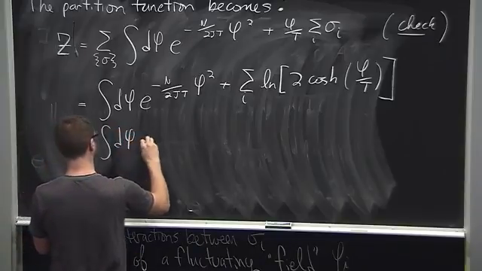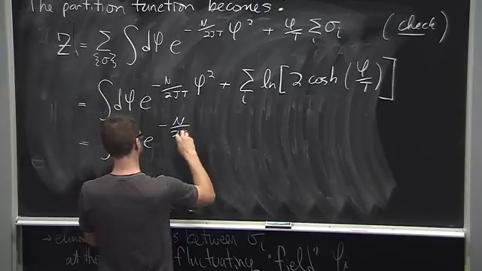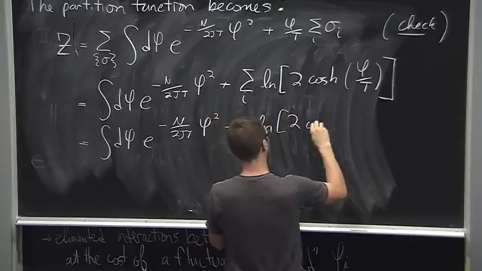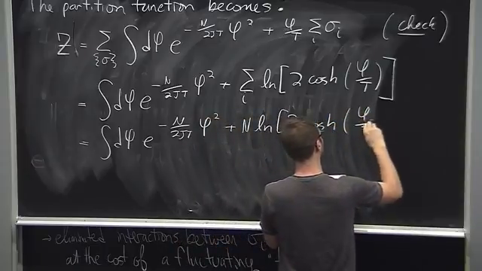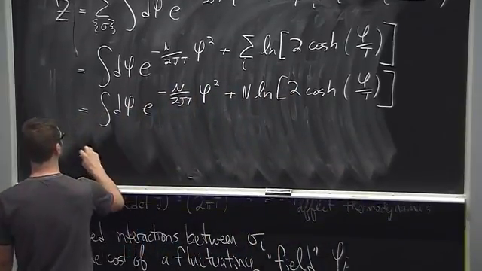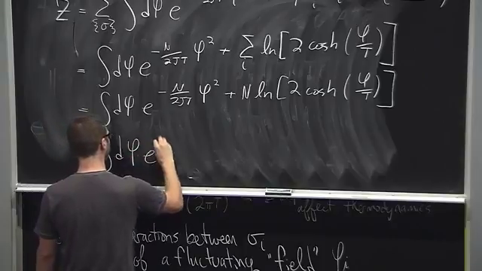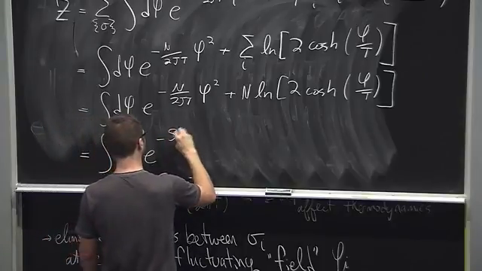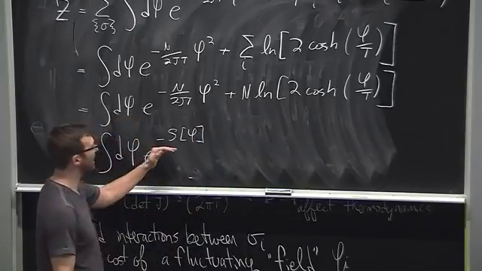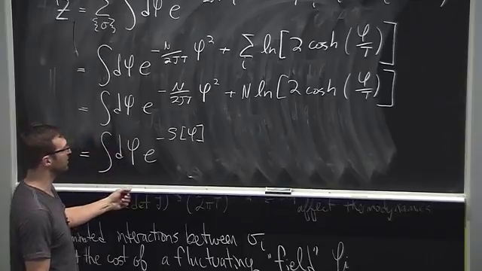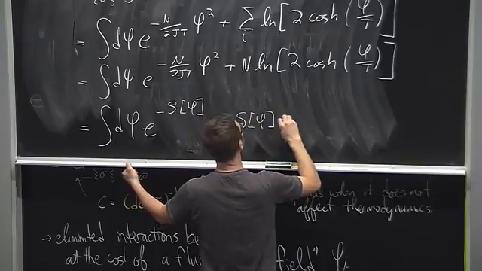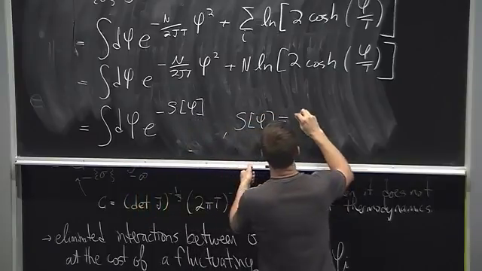So your integral can also be written as the integral of d phi e to the minus S. This is the action appropriate only for the infinite range model, where S is all this stuff here.